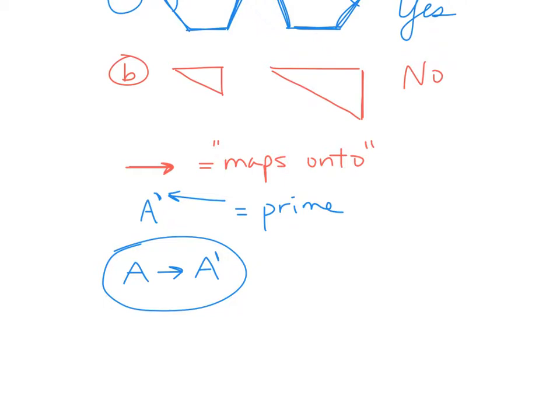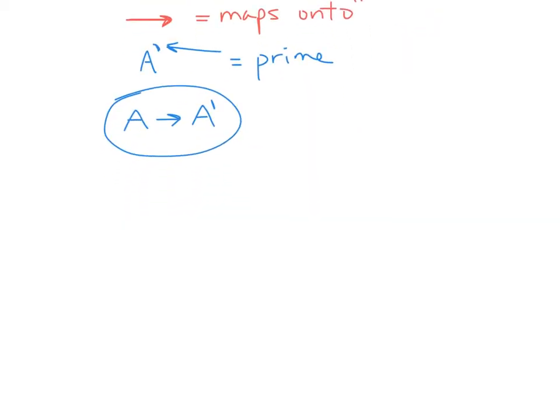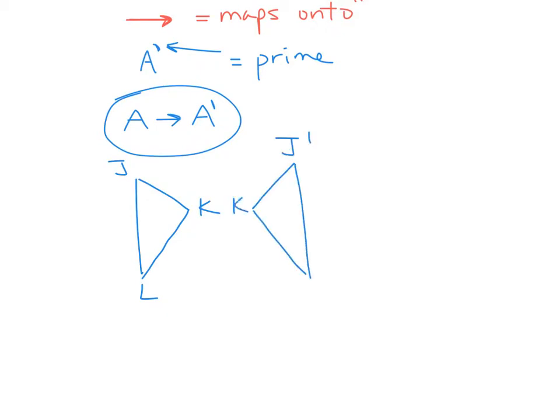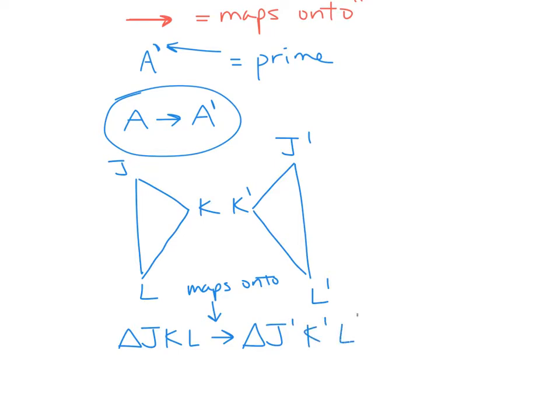Okay, so what you're going to say for a figure, for instance, if this is J, K, and L, and then we have this figure, J prime, K prime, L prime, I would say right now that triangle JKL maps onto, remember that's what you're saying here, maps onto triangle J prime, K prime, L prime.